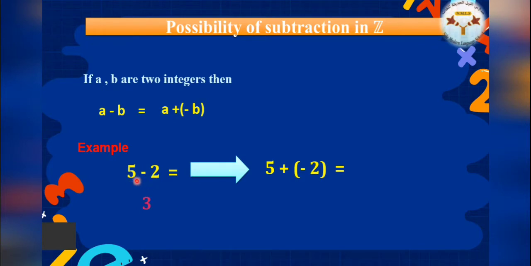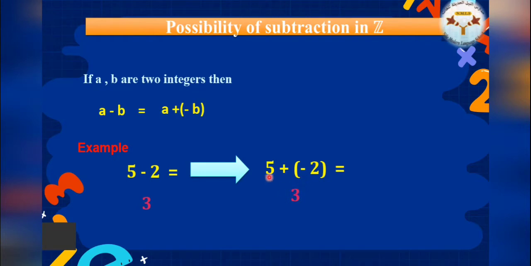Let's find 5 plus negative 2. Different signs, find the difference. So 5 minus 2 is 3. Keep the greater sign. Which is greater, 5 or 2? 5 is greater, 5 is positive, so the answer is positive 3.